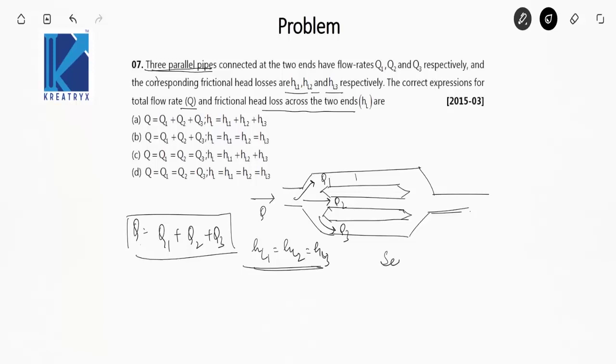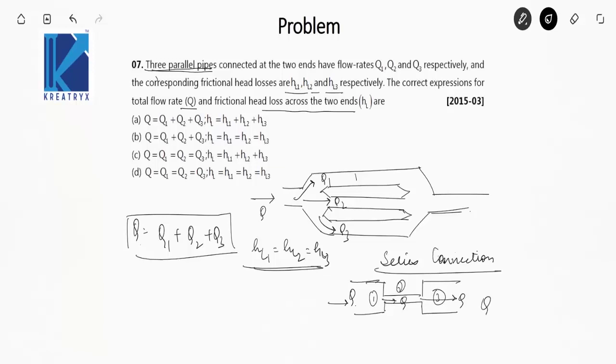Similarly, I'll tell you the case of series connection also. In a series connection, let this be the rough diagram. This is one pipe, this is the second pipe, this is again the third pipe. Whatever flow rate is passing through one pipe will be passing through the second pipe and the third pipe.